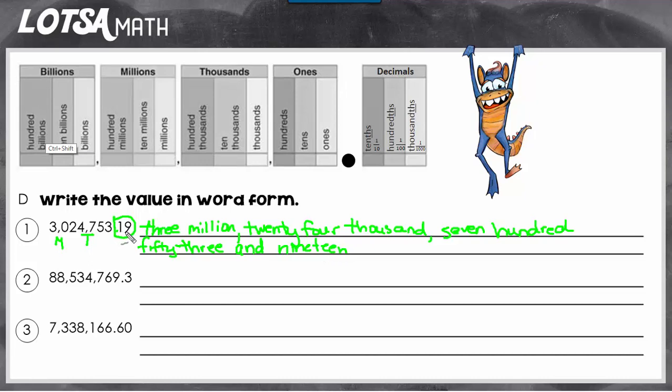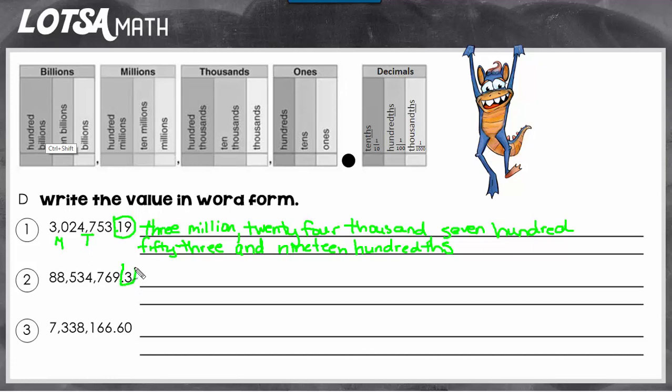And then we look at the place values and we see that the last place value in the number is the second one to the right, and the second one to the right of the decimal is the hundredths place. So we have to put 19 hundredths. So this number is 3,024,753 and 19 hundredths.